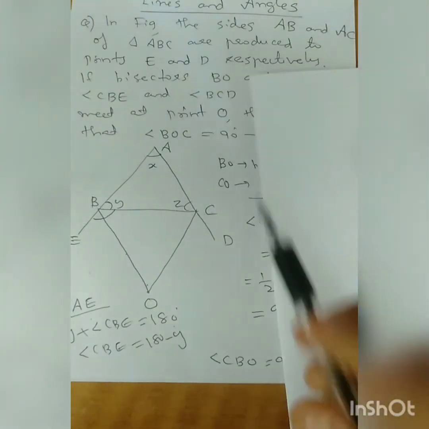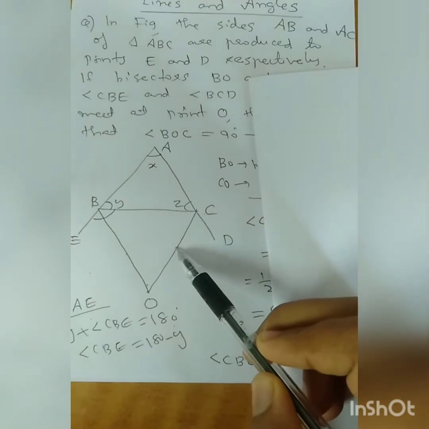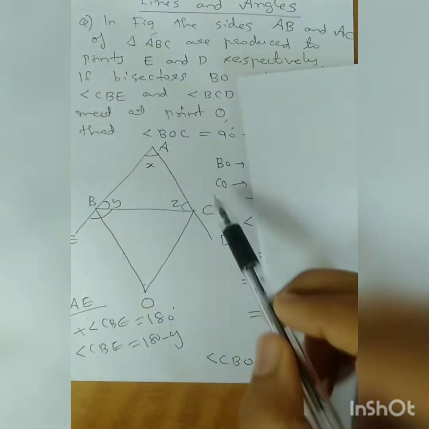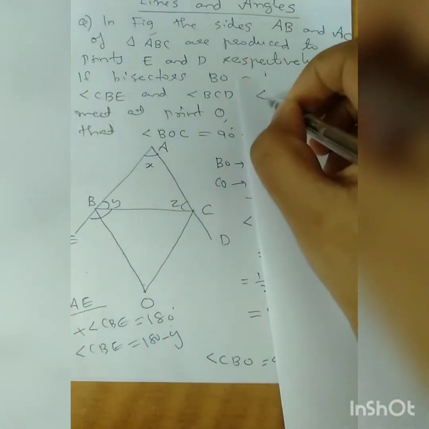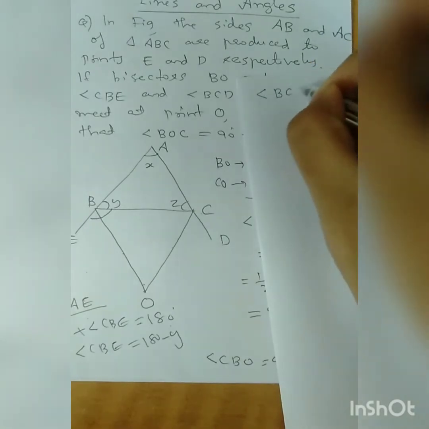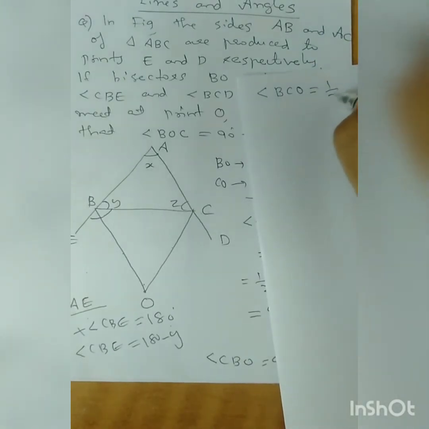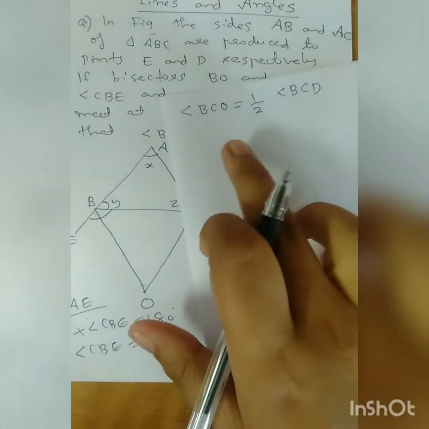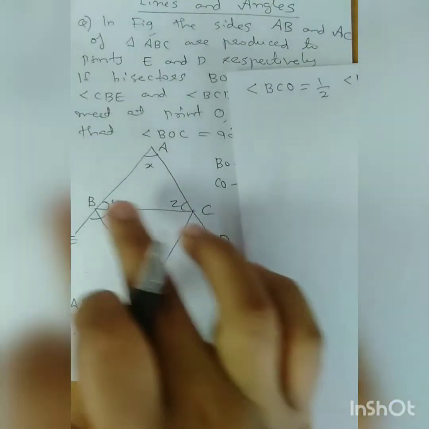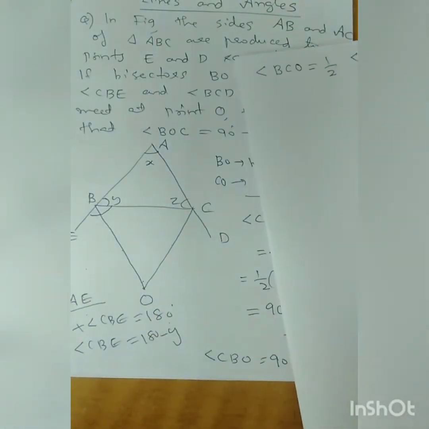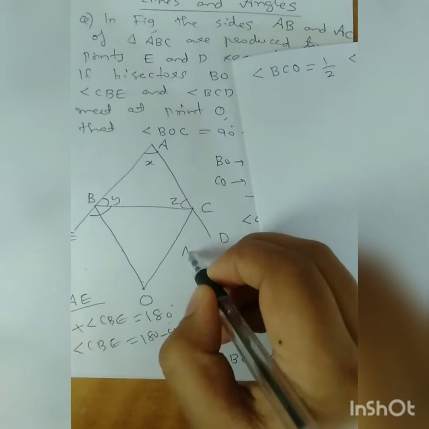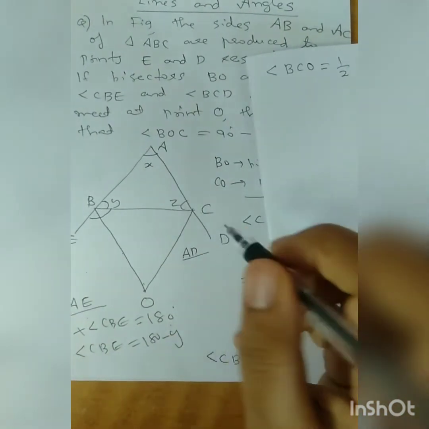Also we know that CO is the angle bisector of angle BCD. Therefore angle BCO is equal to half into angle BCD. Clearly we know that AD is a straight line.